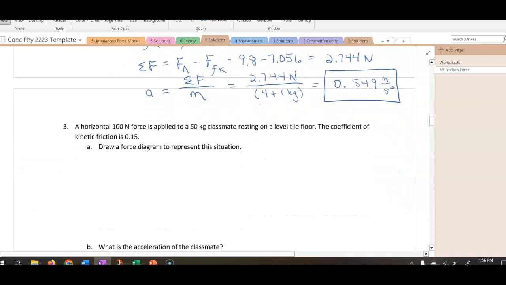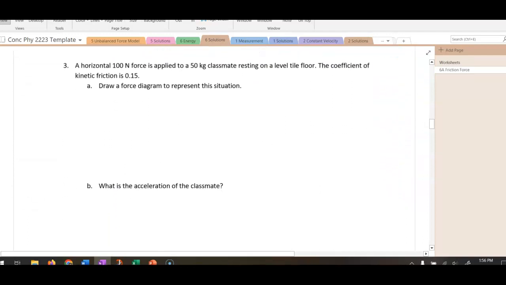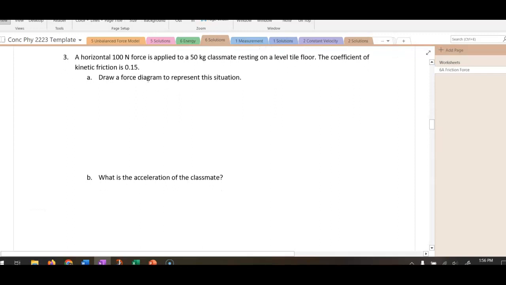Okay, let's go on and do number 3. We've got a classmate, standing on the floor, and someone pushes him with 100 newtons of force, and they're giving me the coefficient of kinetic friction. So let's do a force diagram.